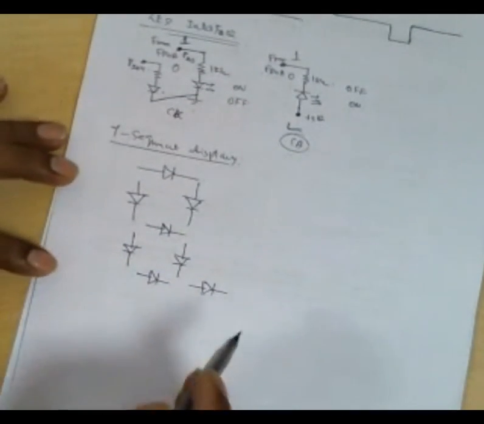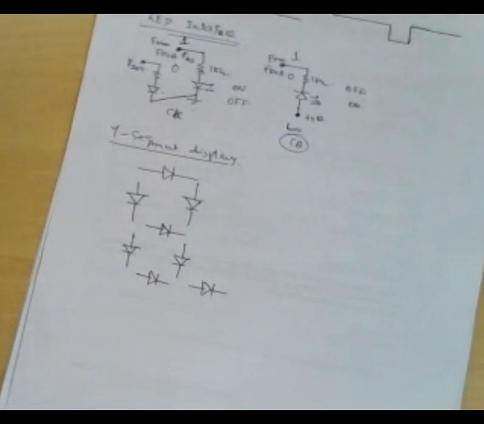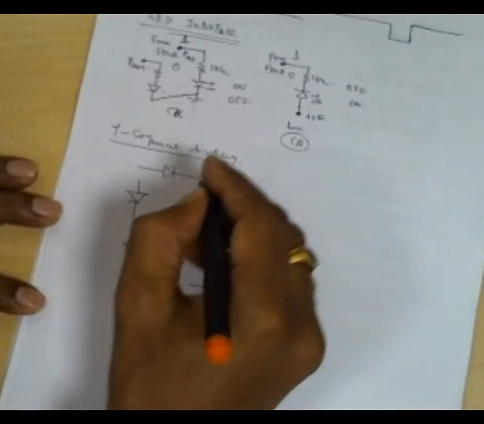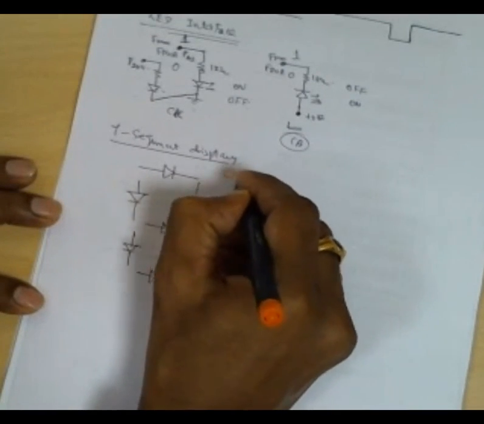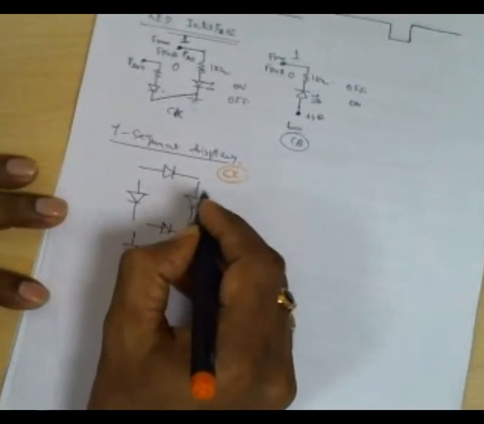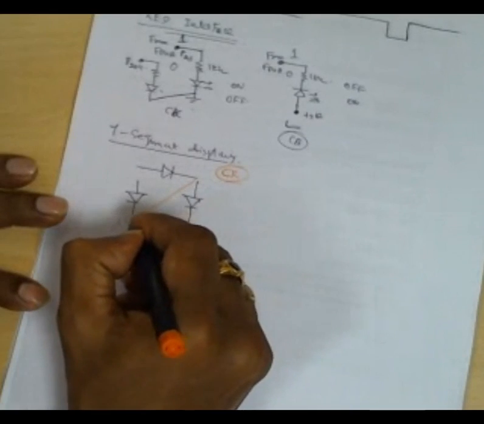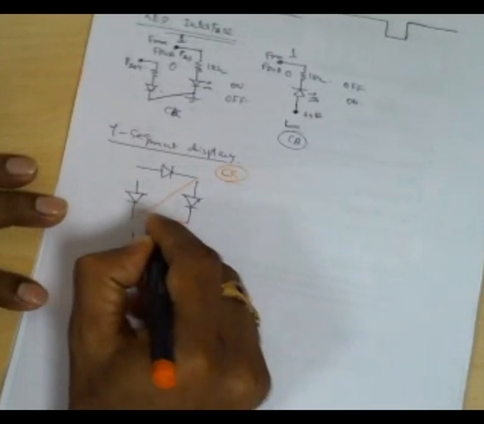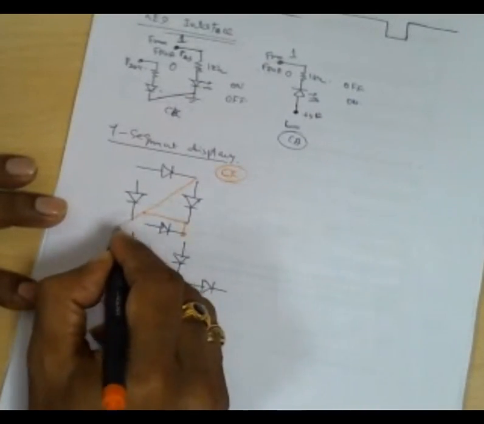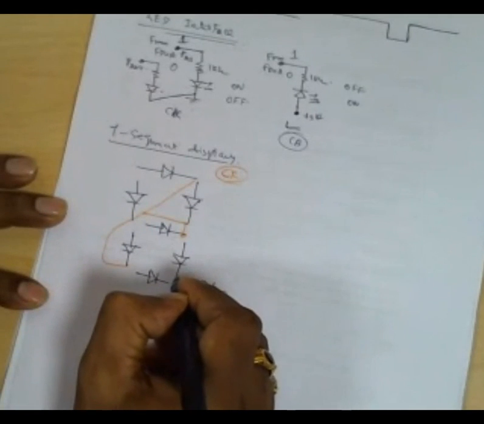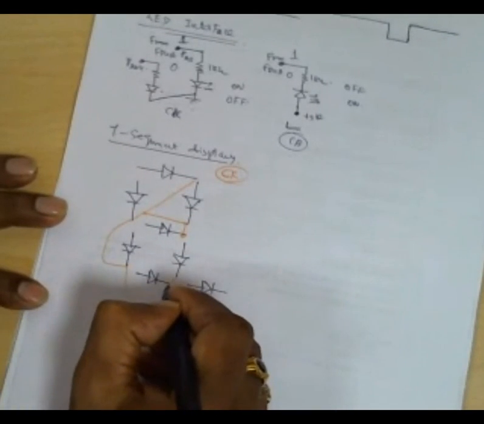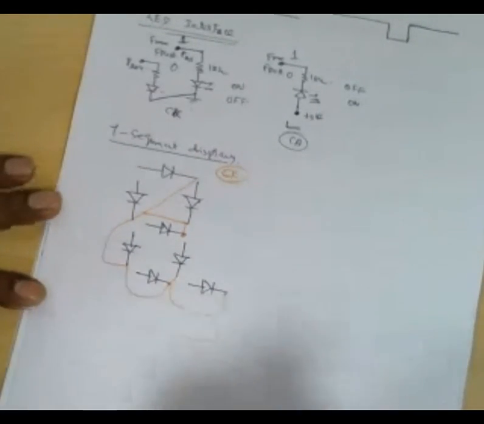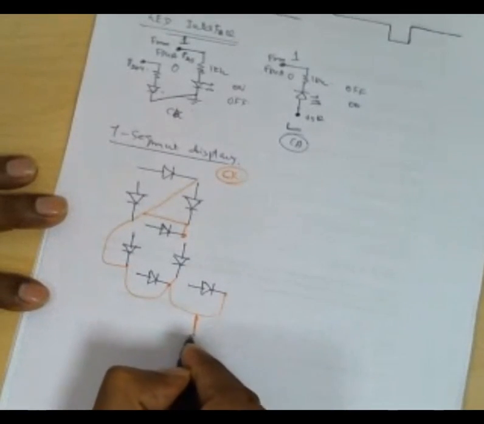Right. The demonstration was also shown to you, no? Now look at this device. Suppose it is a common cathode 7-segment display, then all the cathodes are internally connected together. This cathode, this one, then this one, all are connected together, and then they are connected to one pin.